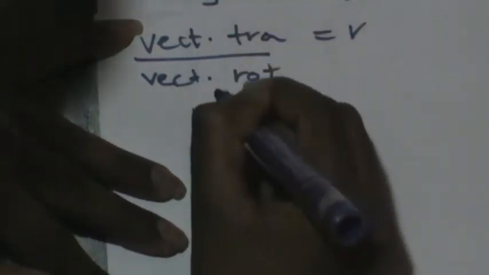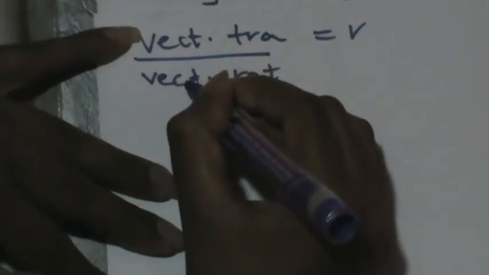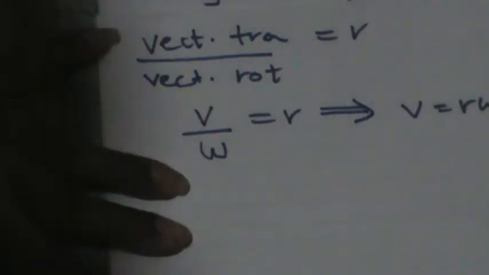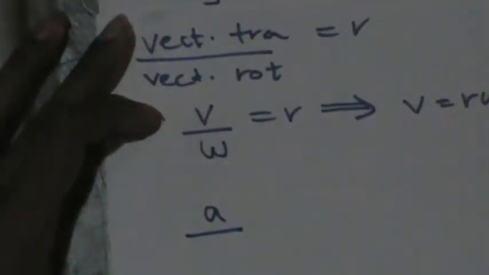The vector in translational motion, velocity, symbol v, divided by the vector in rotational motion, symbol omega, is equal to R, so v equals R omega. Now I take acceleration: translational acceleration, symbol a, divided by rotational acceleration, symbol alpha, is equal to R, so a equals R alpha.